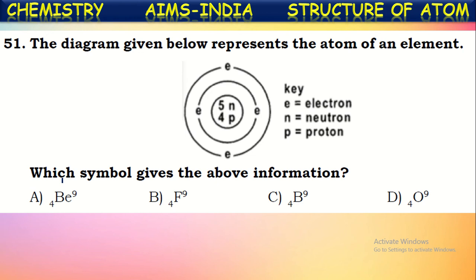Beryllium. And if you observe the number of protons and neutrons, the total is 9. That represents the mass number of that element. So mass number is 9, atomic number is 4. This is for beryllium. So where it is mentioned with atomic number 4 and mass number 9? See here it is. Okay, this is the element which is represented in the diagram. Okay, next one.